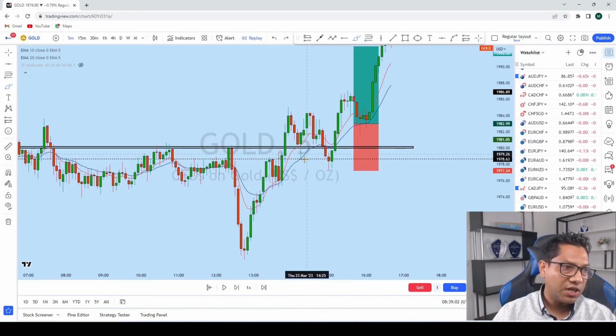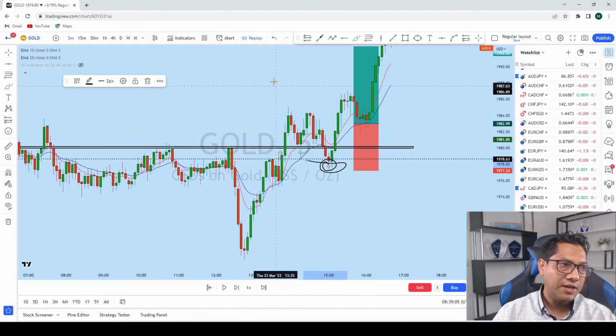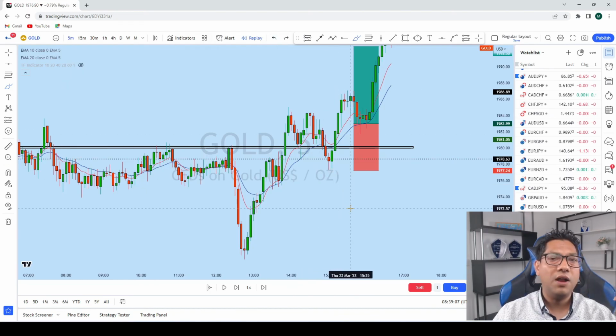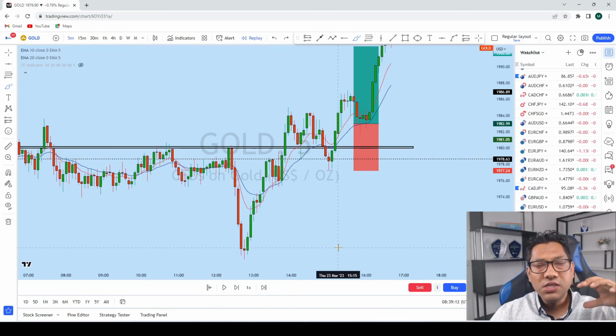Once you see that the local market structure is broken and the price again starts to move up, this is where the entry point is. And this is why I look at the 5-minute time frame on gold to find the best trade that I trade every single day. The 5-minute time frame helps me understand the local market breakdown, the liquidity gap, and the direction of the trend.